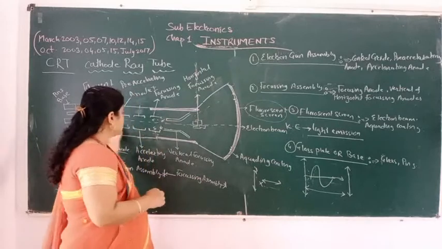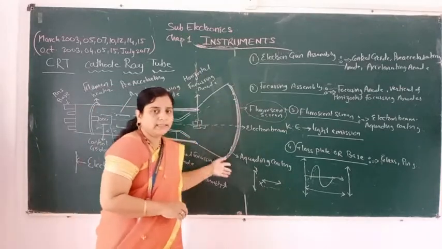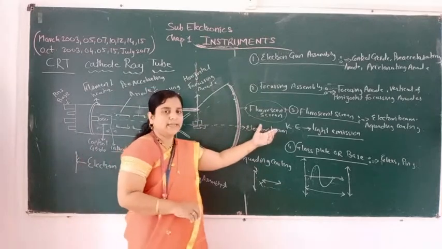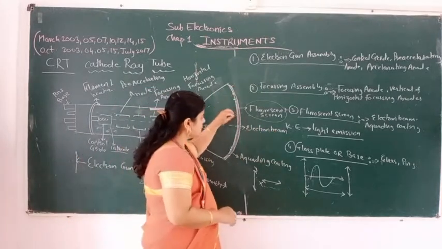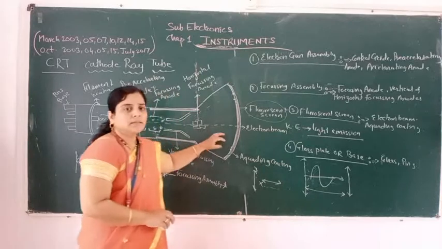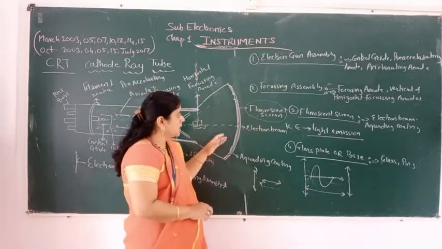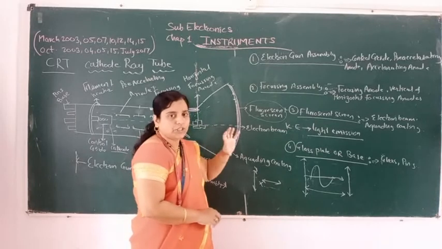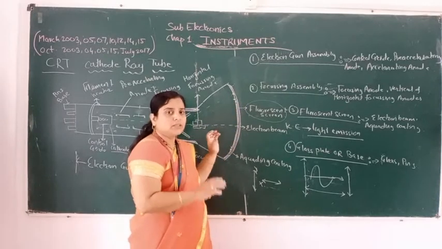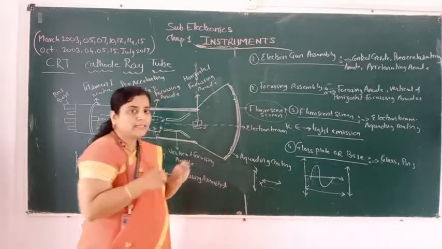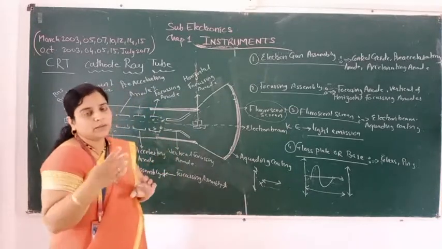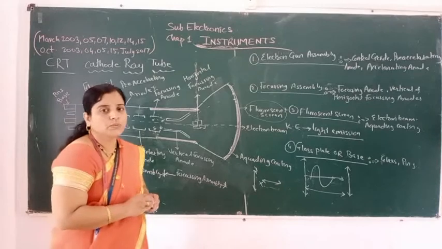When the beam strikes the screen, and the screen converts kinetic energy into light emission, that starts preparing the image, so we can observe the image on the screen. So what is the main function? When an electrical signal is given to the CRT, it converts it into a visual signal.